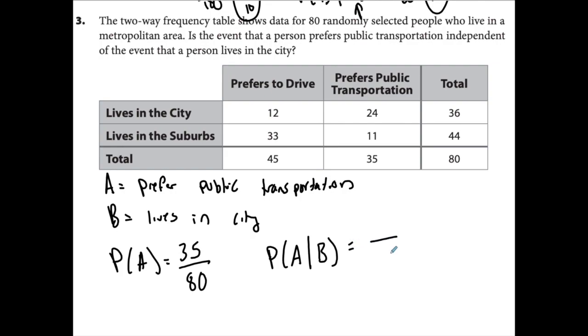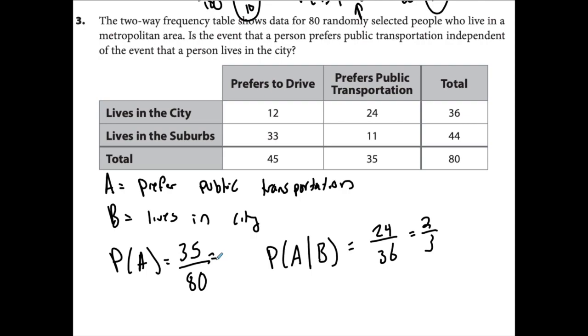So there are 36 people who live in the city, and of those 36 people, 24 prefer public transportation. Okay, so that's interesting. Well, this is 2/3. This one here, yikes, 35 out of 80. This is definitely not 2/3.